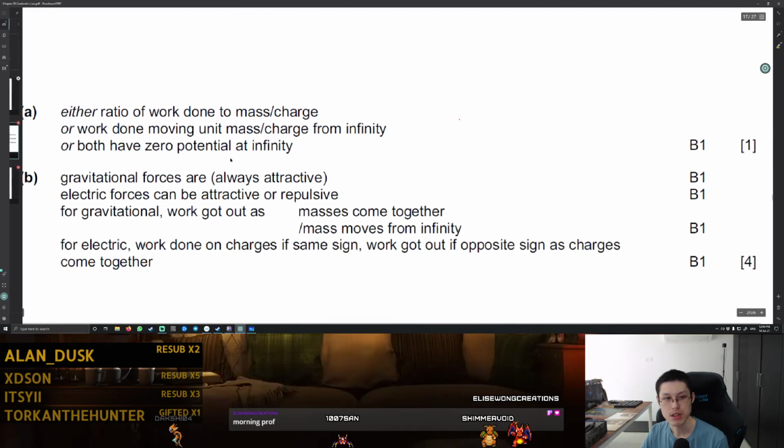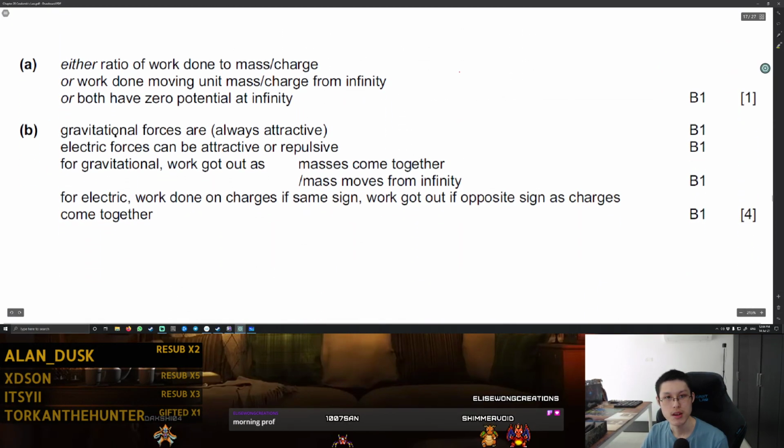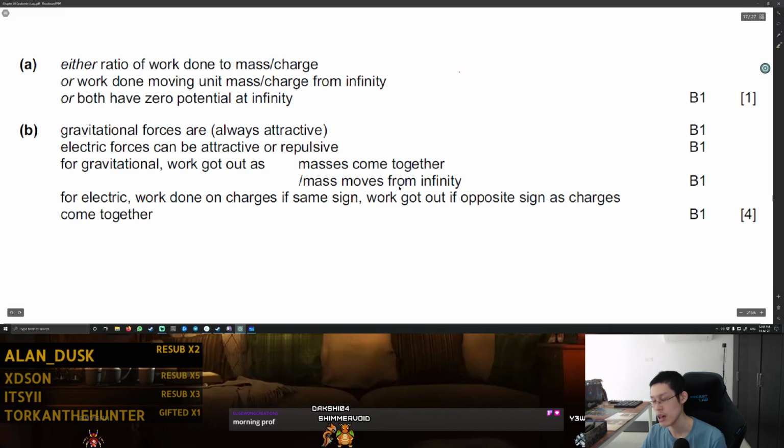Essentially, gravitational forces are always attractive. Electric forces can be attractive or repulsive. And then you also want to say, for gravity, work is got out as masses come together. So this one is, okay, how should I explain this?